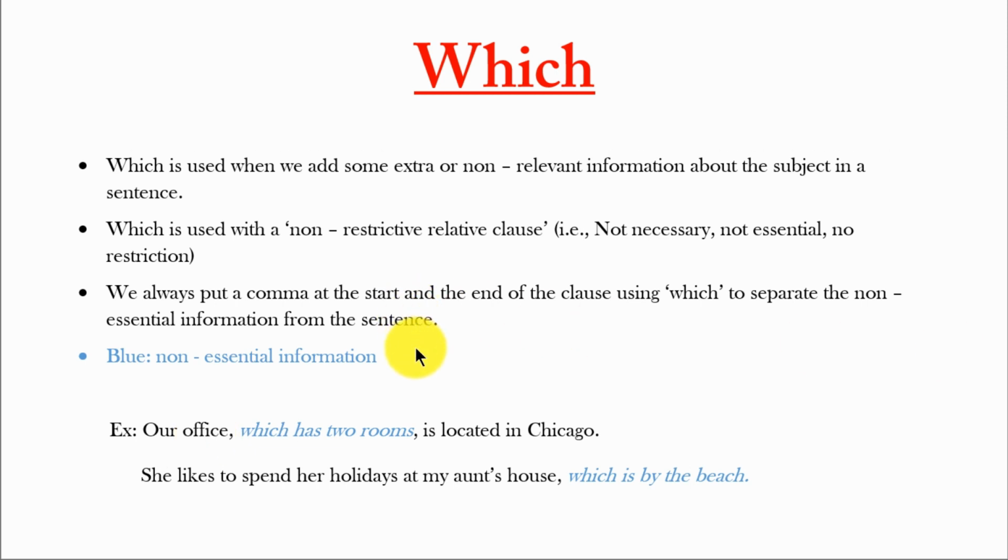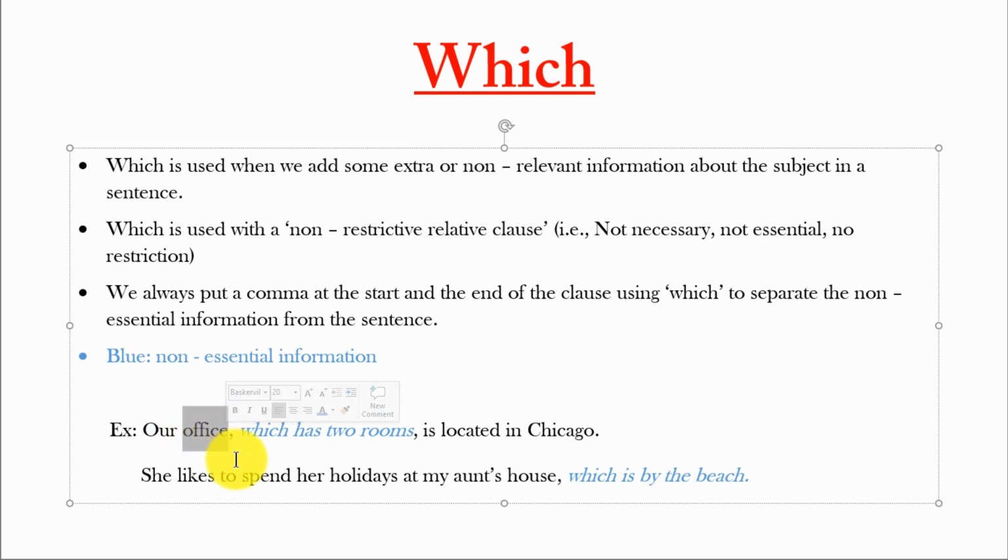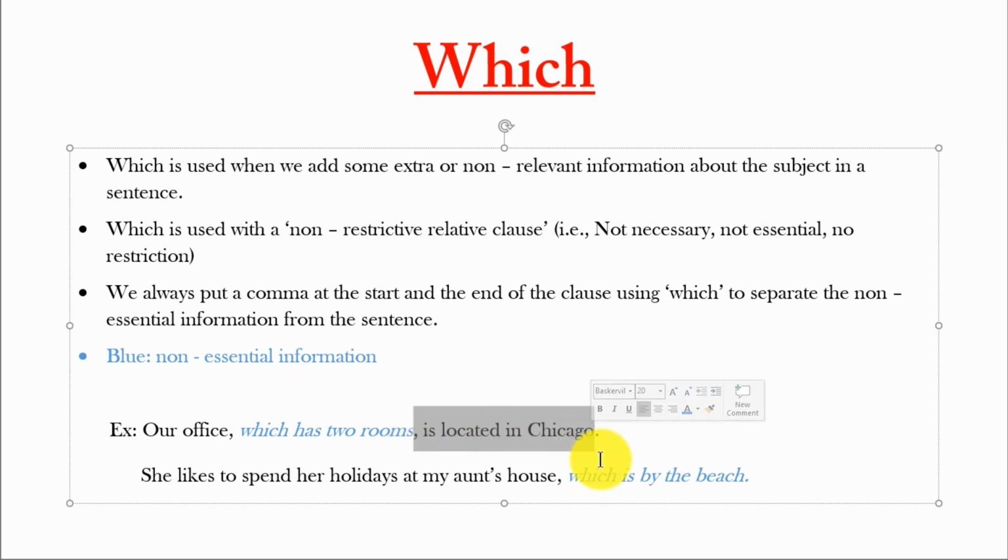Now what is the important information about the subject office that is being portrayed in the sentence? Well, it is this. The office, the subject, is located in Chicago. This is the important or the essential or the relevant information of the sentence about the given subject.